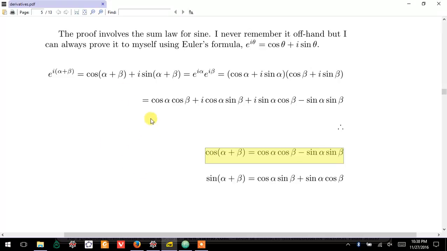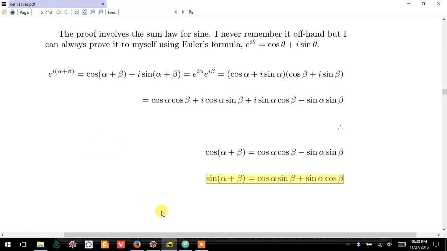And if I look at the imaginary part, I see sine of alpha plus beta, so I'll be able to read off the sine angle sum formula by just factoring i from these terms and then looking at what's left over. Just set this equal to this and cancel out the factor of i because they both have it, and you get that sine of alpha plus beta is cosine alpha sine beta plus sine alpha cosine beta. And this is the one that I'm going to be needing.